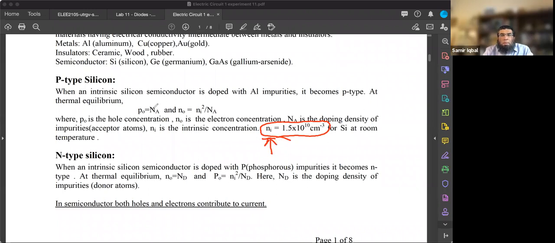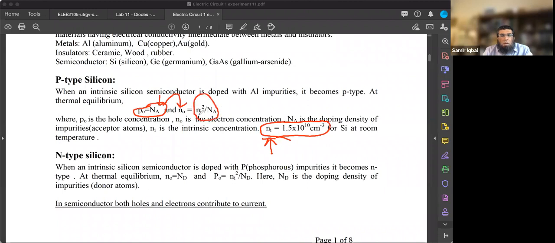But then we do doping, so we know how much doping we are doing. For example, if we do P-type doping, we call it Na, the number of acceptors. P-type dopants are also called acceptors. And this would tell us the hole concentration. Using this, we can find out the electron concentration as well using this formula.